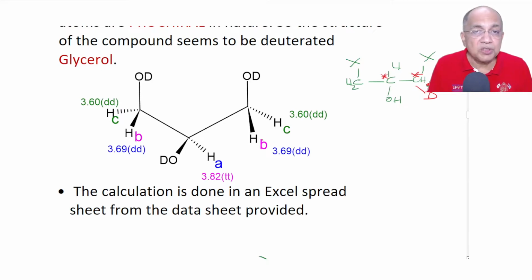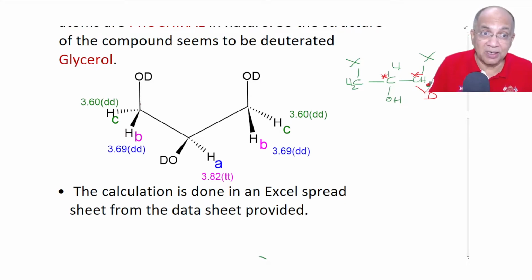So one of the rightmost peaks is due to these two, and the extreme rightmost peak is due to the other one, CH2 proton at 3.60, and that is a DD because it is coupling with a J2 which is greater, more than 10.